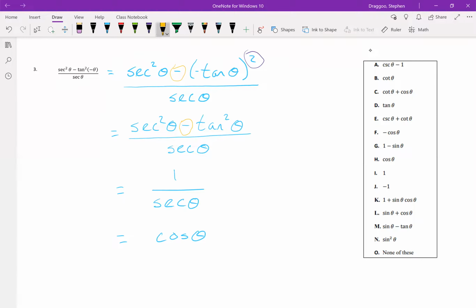So ultimately it ends up being a triple negative, so that numerator is going to remain secant squared minus tangent squared. From there, I can use a Pythagorean identity to say that secant squared minus tangent squared is equal to 1. And then 1 over secant theta is cosine theta. So option H.